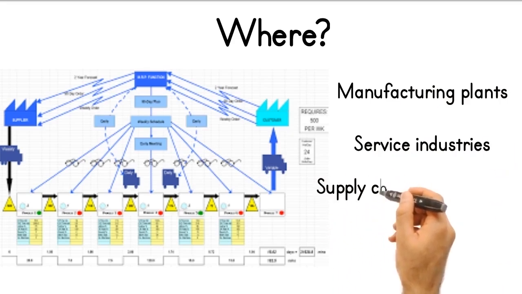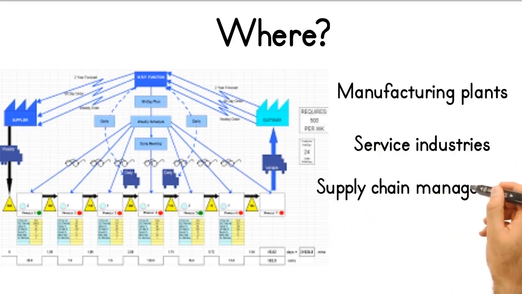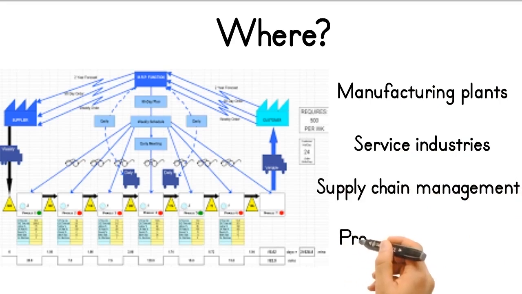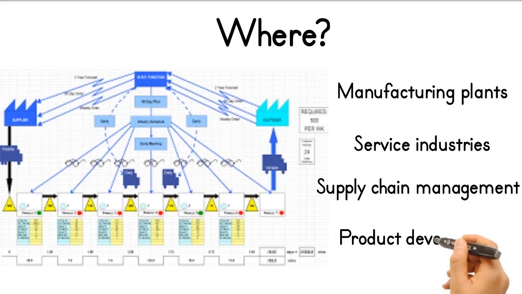Supply chain management, to optimize inventory management, shipping, and coordination between suppliers and production. Product development, to streamline the development cycle, from concept to launch, and improve time to market. Essentially, VSM can be applied wherever there are workflows or processes, across both manufacturing and service-based industries.